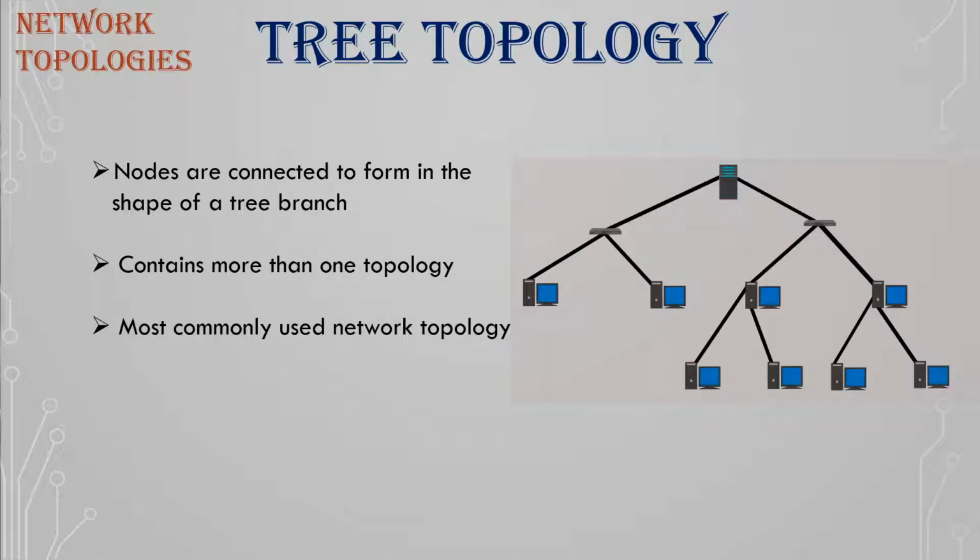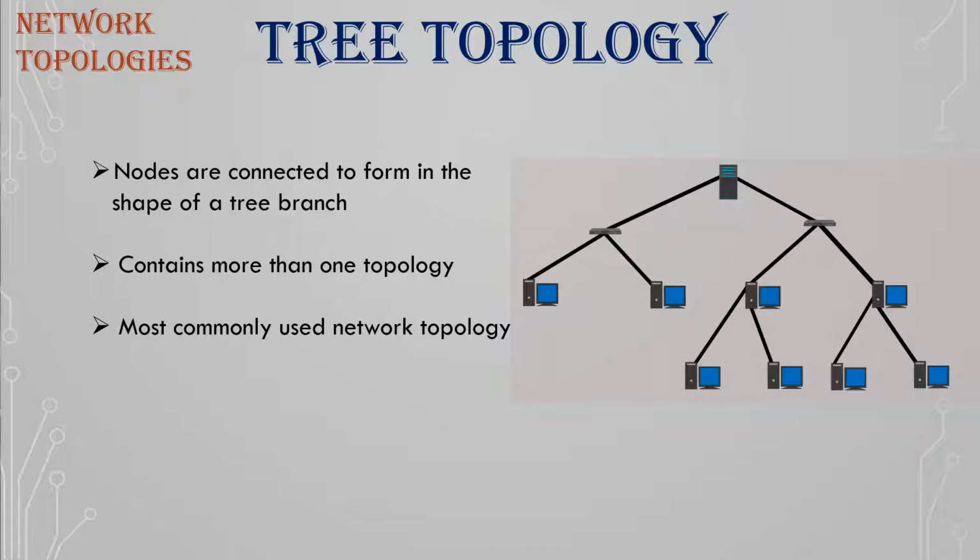Tree topology. In tree topology, the nodes are connected to form the shape of the branches of a tree. Tree topology is an example of hybrid topology, which contains more than one topology as we discussed in the earlier session.